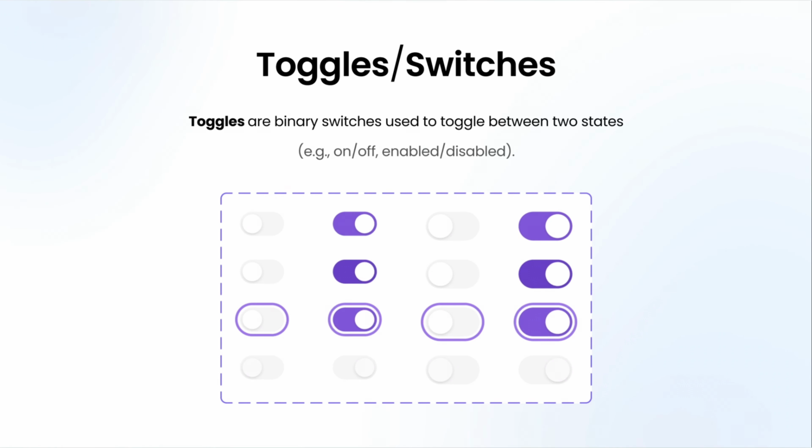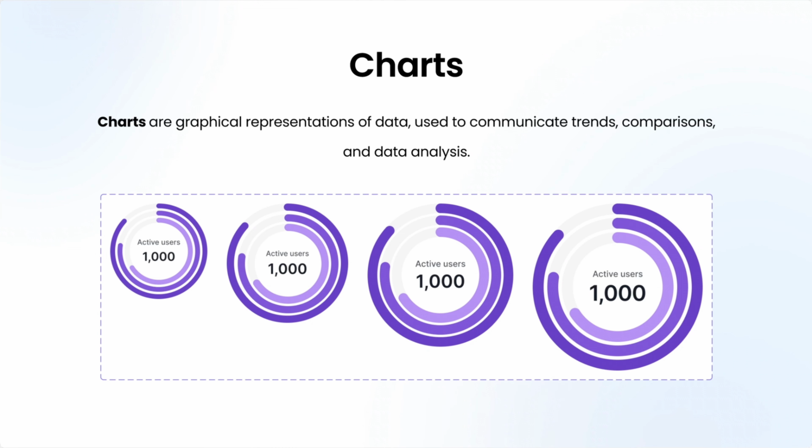So these are going to be definitely one of the most used elements together with some of the others that we're going to continue talking about. Some more UI components, starting from charts, which are going to be one of the most used components in your web app projects. So charts are pretty much self-explanatory.